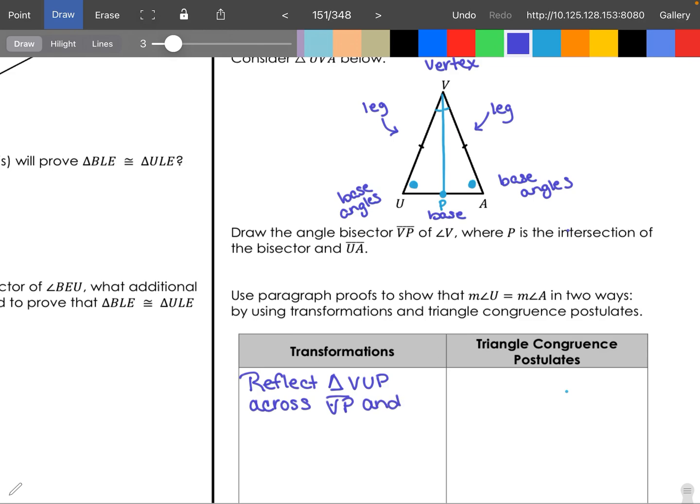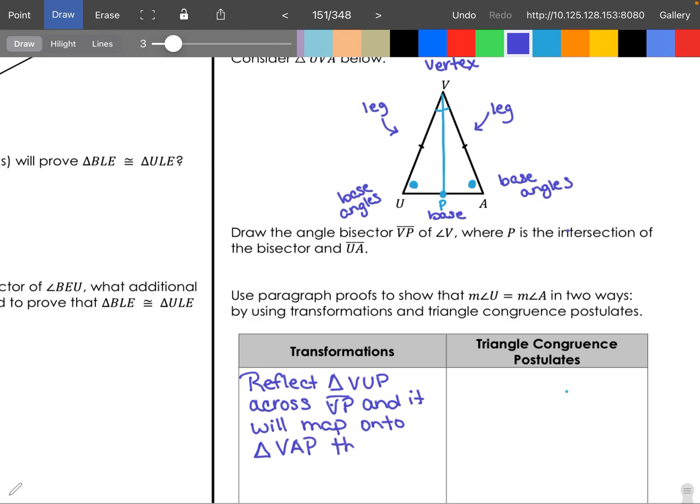and it will map onto triangle VAP. Make sure that when we're saying maps, think about it folding over. V will map onto V, U will map onto A, and P stays where it is.